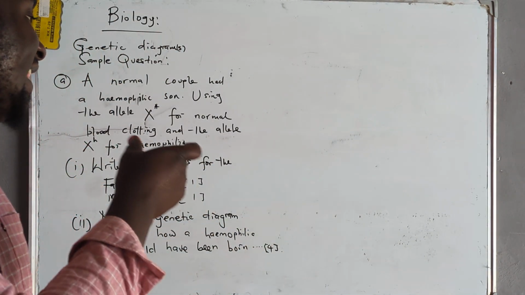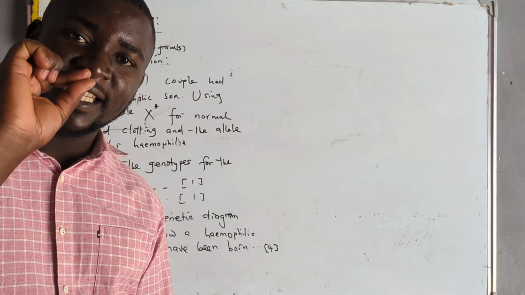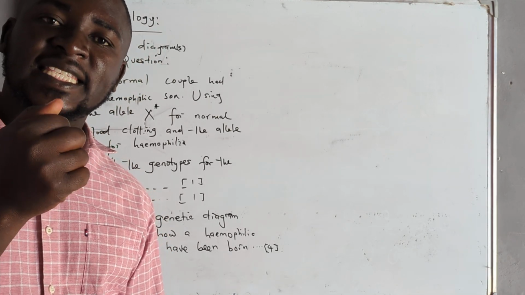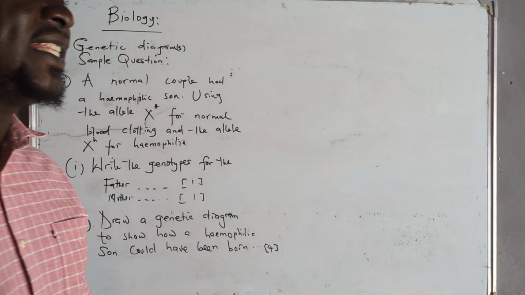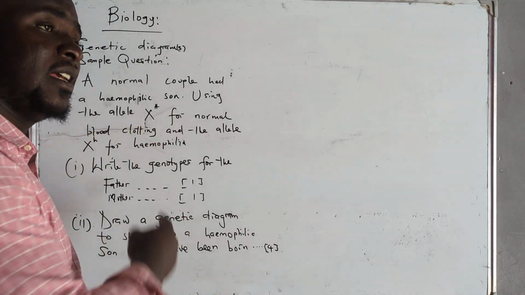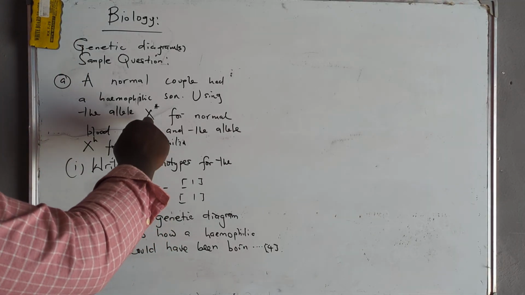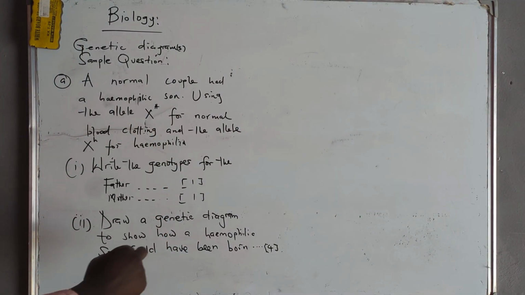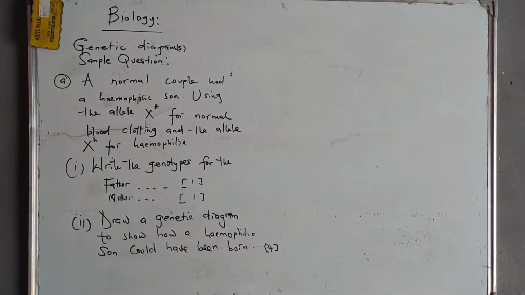Now, this hemophilic allele is a non-sex allele, and this non-sex allele is attached to a sex chromosome, to be specific, the X chromosome. So this is why we've been given X^H and X^h small.